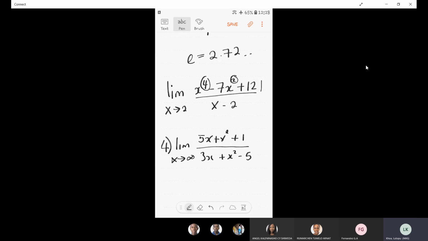Here you must still do the same thing. That means you must factor out x squared, because x squared is the highest power of x. So you are not going to factorize x out, you must factorize x squared out. Then you'll see that some of the terms tend to 0, and you should get a limit which is equal to 1.